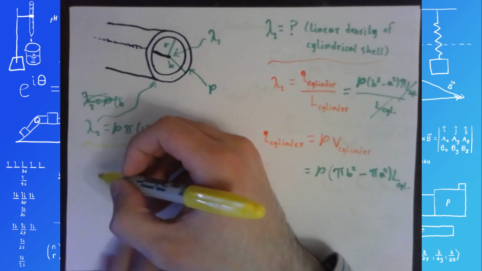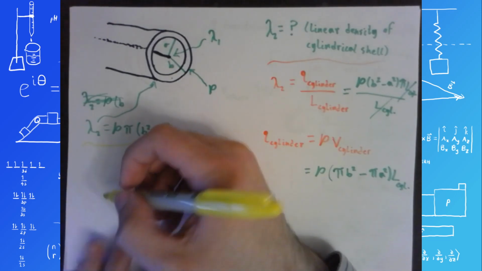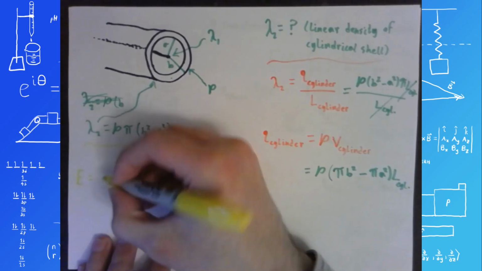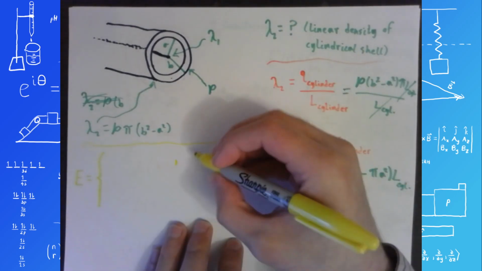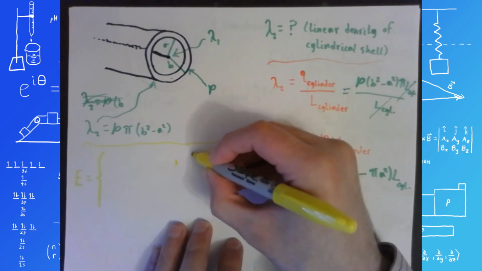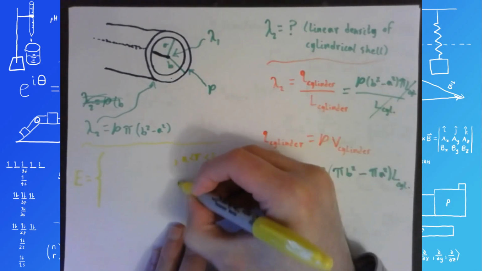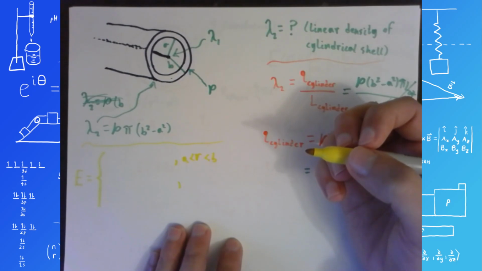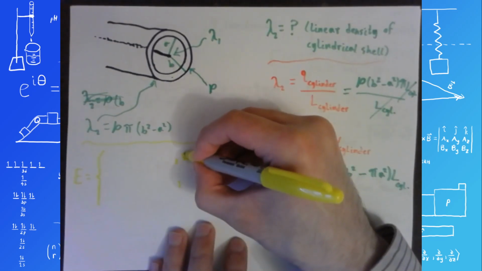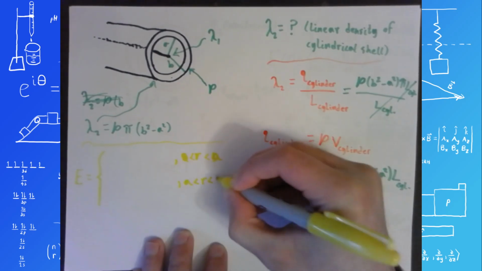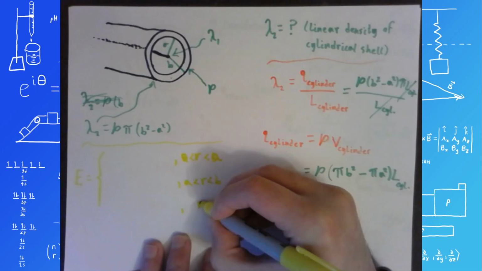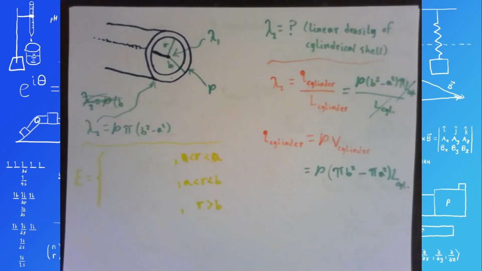So let me see. I'm going to write electric field equals, and then for my regions of interest: between 0 and A first, then between A and B, and finally, for a cylinder of radius greater than B. I'm going to have 3 different electric field expressions to consider.